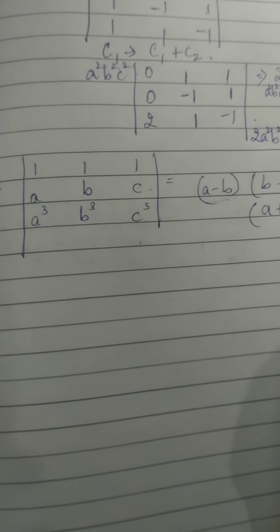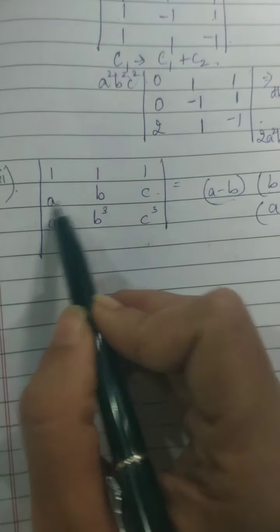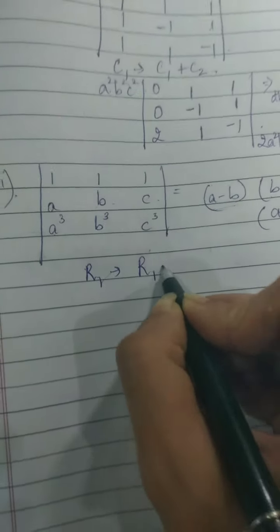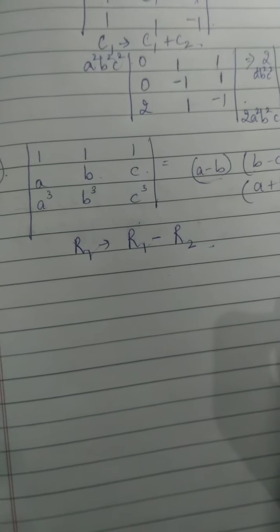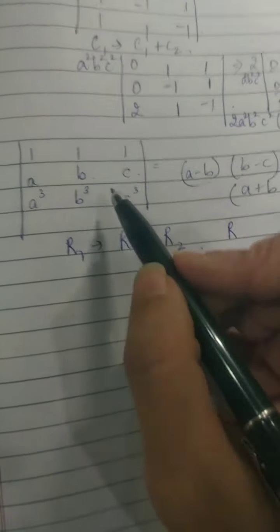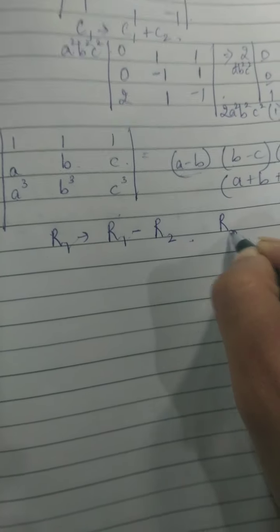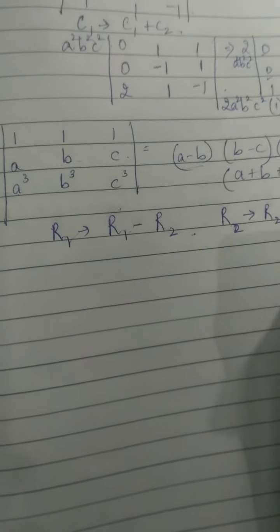So the very first one is A minus B. I can simply apply a property, R1 is R1 minus R2, right? And at the same time, I'm getting B minus C. So I can apply a property on R2, that is R2 is R2 minus R3.